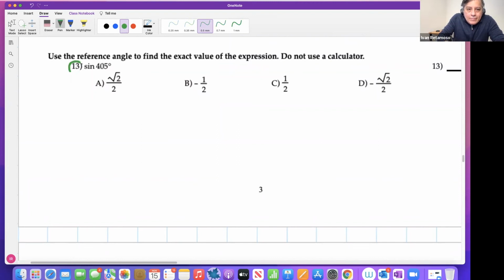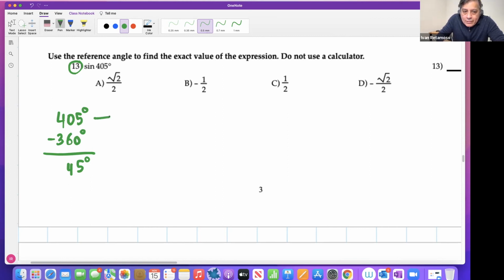For 13, they want sine of 405 degrees, right? 405 degrees is greater than 360, a full round. So whenever that happens, immediately extract this full round 360 from 405, subtract, and you get a new angle within a full revolution, 45 degrees.